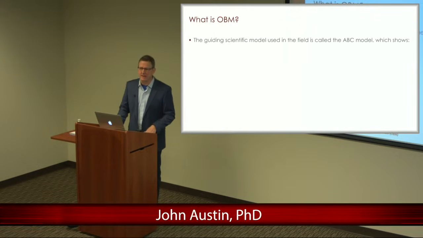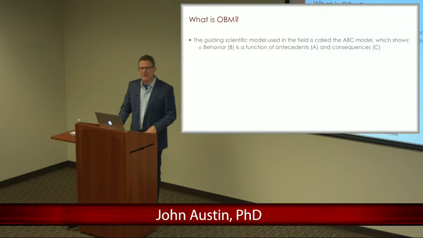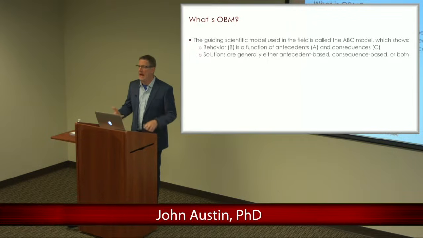The primary guiding model is the ABC model, which shows that behavior is a function of antecedents and consequences. That is stuff that comes before it and stuff that comes after the behavior. That's really what drives any given behavior at work, at home, in other settings. Doesn't matter really what the setting is. It's just that the antecedents and consequences will change based on the situation and the environment, the context.